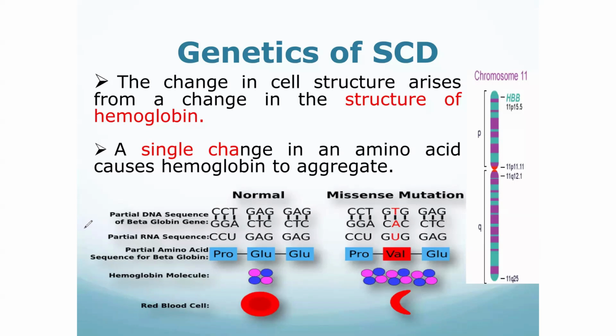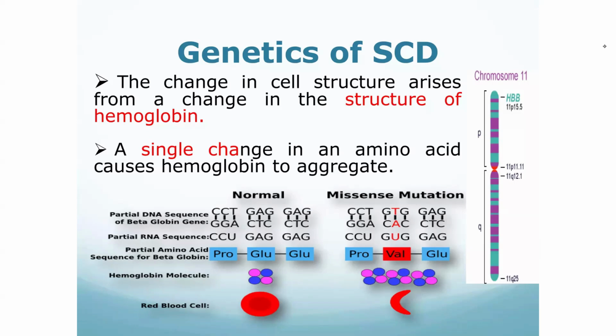Surprisingly, just a single change in one amino acid is what causes hemoglobin to aggregate, leading to a disease condition called sickle cell anemia. In the beta chain of hemoglobin, because hemoglobin is a protein, there is a specific gene in the DNA that is responsible for producing the hemoglobin.